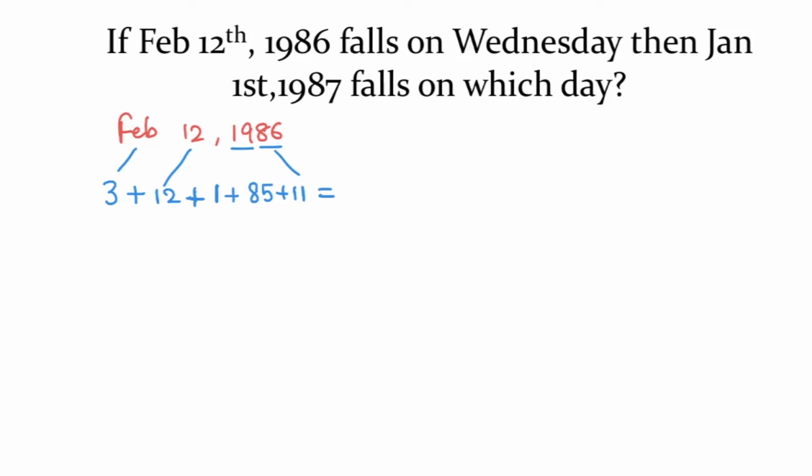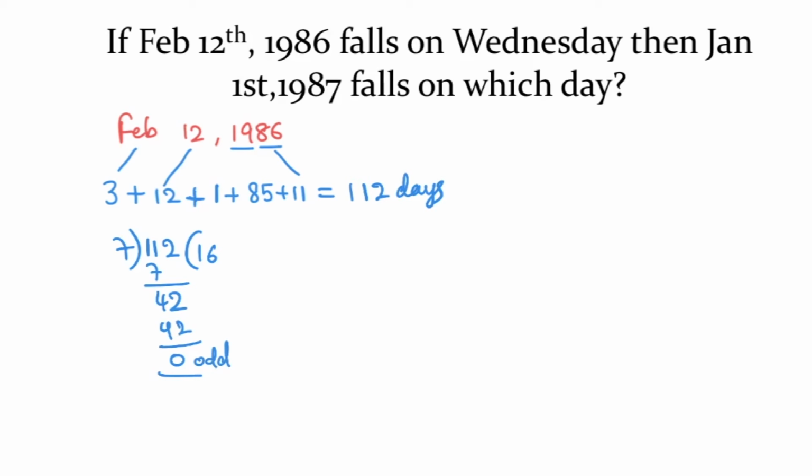Together 3 plus 12 is 15, plus 1 is 16, plus 85 is 101, plus 21 is 122... 112 days. 112 days divided by 7 is exactly 16, so 0 odd days. So actually Feb 12th 1986 was Sunday, but given as Wednesday.